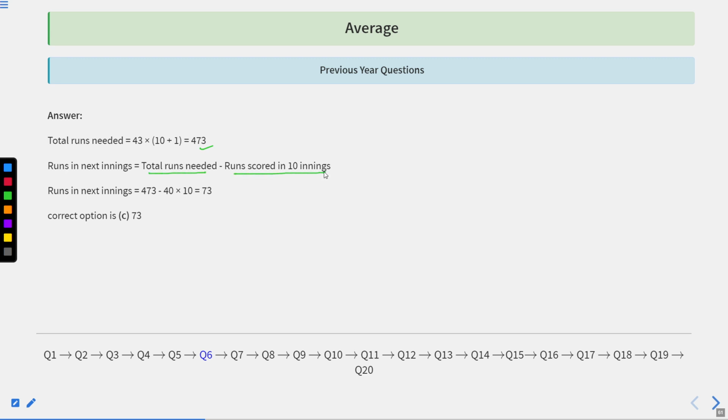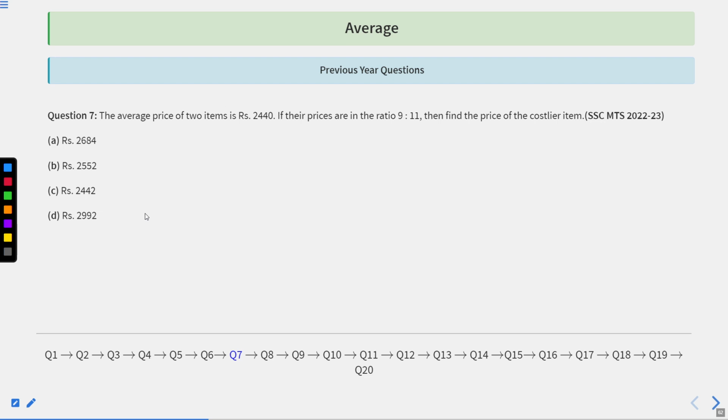So if we know the total runs that she has to score in 11 innings to have an average of 43, and if we know how many runs she has scored in 10 innings, and if we take the difference, then we can easily compute how many runs she should score in her 11th inning to increase the average by 3. So it should be 473 minus 10 into 40, that is 73. So the correct option here will be option number C, 73.